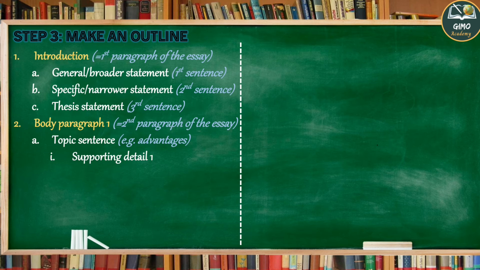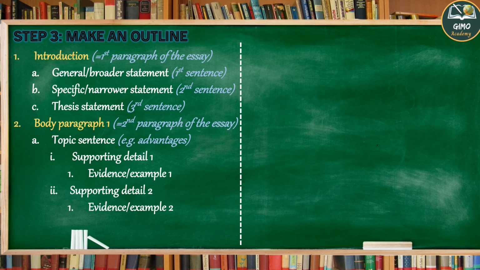And also, we need to have a supporting detail to support the topic sentence, and also the examples or evidence. We can also have a second supporting detail and also another example or evidence. We move on to the second body paragraph, which will be the third paragraph of our essay.